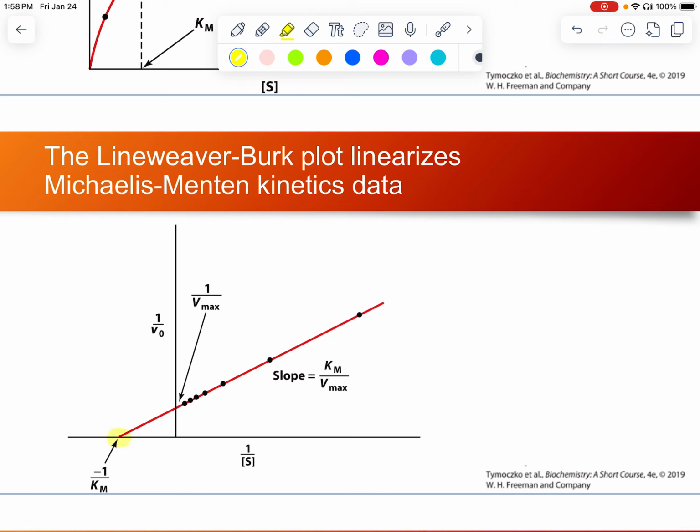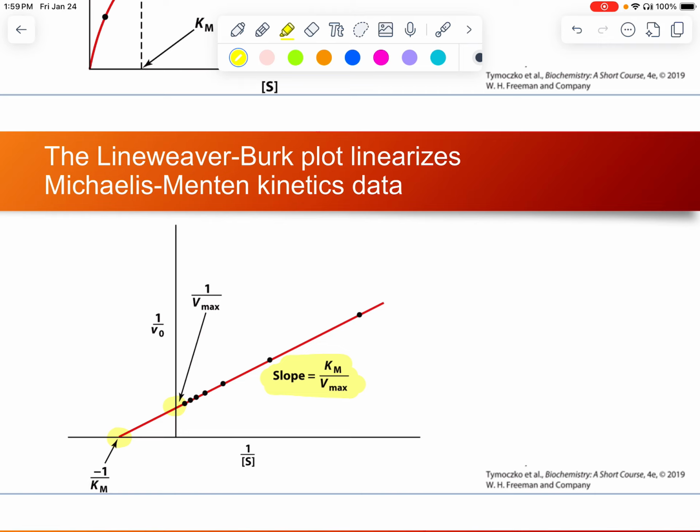We said, wow, we can use that x-intercept to find the Michaelis-Menten constant. We highlighted this point because we said, wow, we can use that y-intercept. That's going to tell me something about my Vmax. And we looked at the idea of the slope, right, is Km over Vmax. So if we knew one of those and we measured the slope, we could find the other.